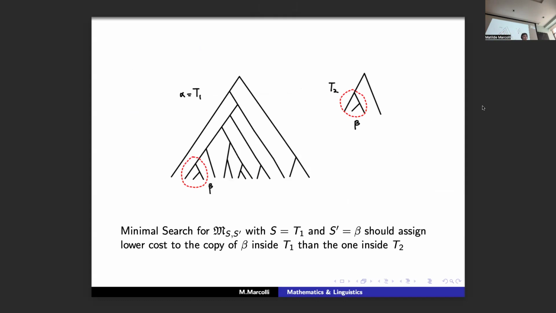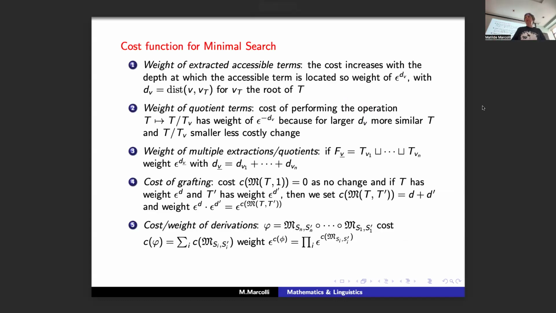Whereas if I change my tree a lot, that should be a higher cost operation. So one can assume that these two costs are kind of inversely proportional to each other. Extracting something that's very deep costs more, but contracting something that's very deep costs proportionately less.